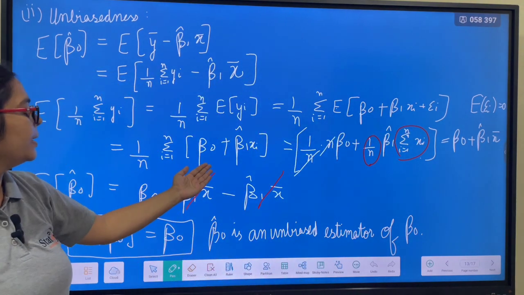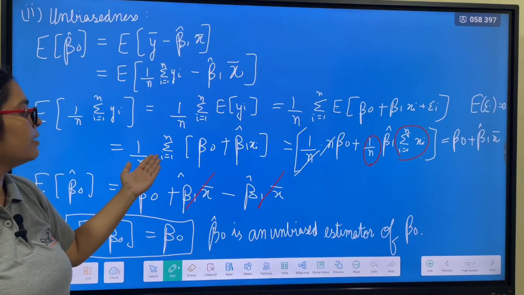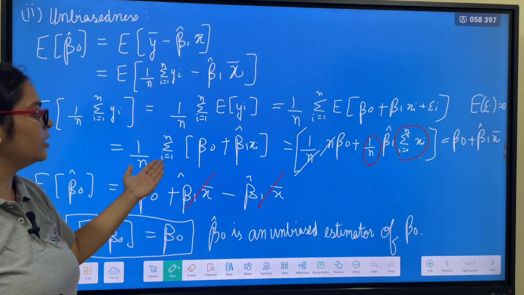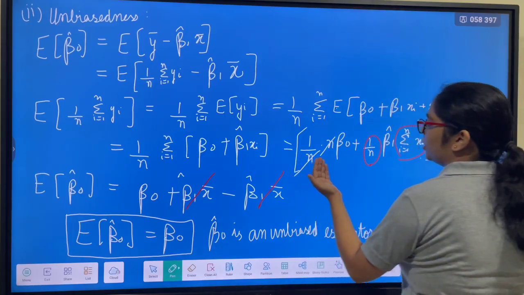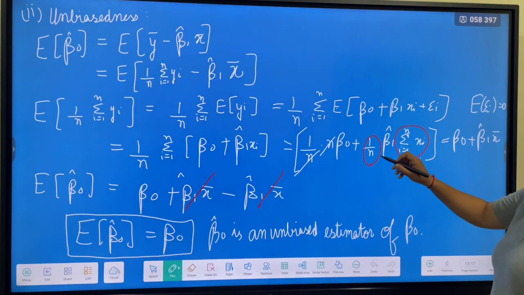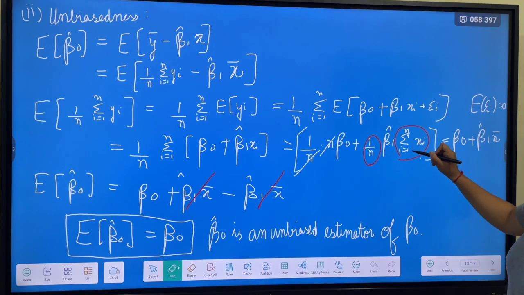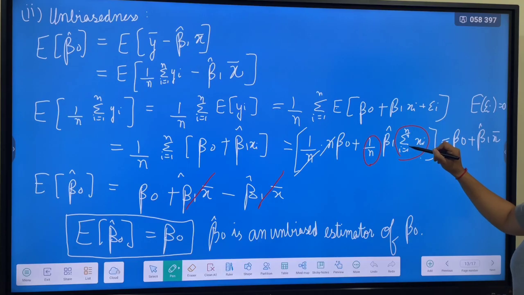So we are left with beta naught plus beta 1 xi, and we take this summation inside, and we get 1 upon n into n beta naught, where n gets cancelled, plus 1 upon n beta 1 into summation xi, which is nothing but beta 1 x bar.